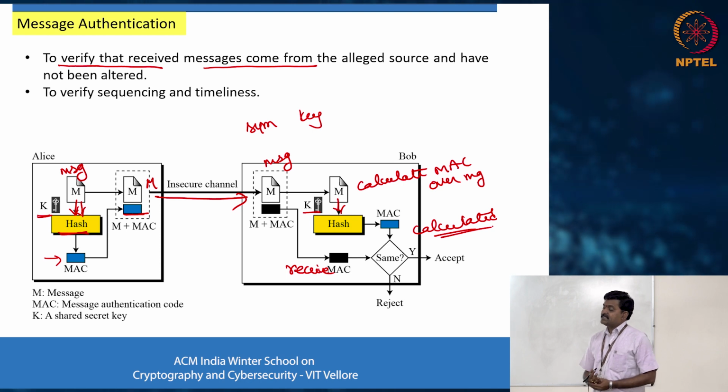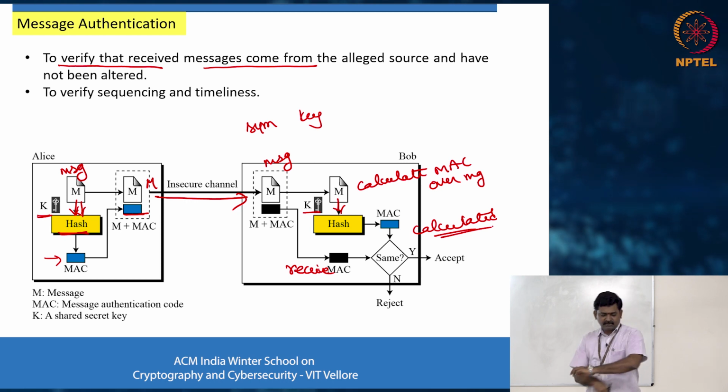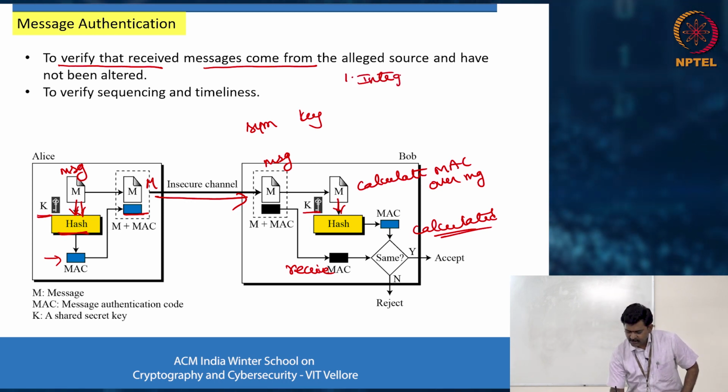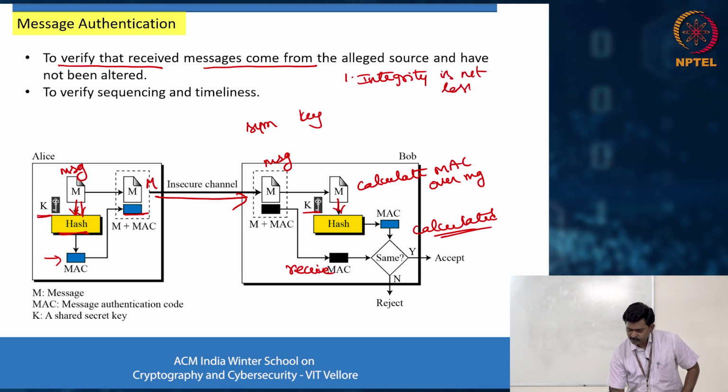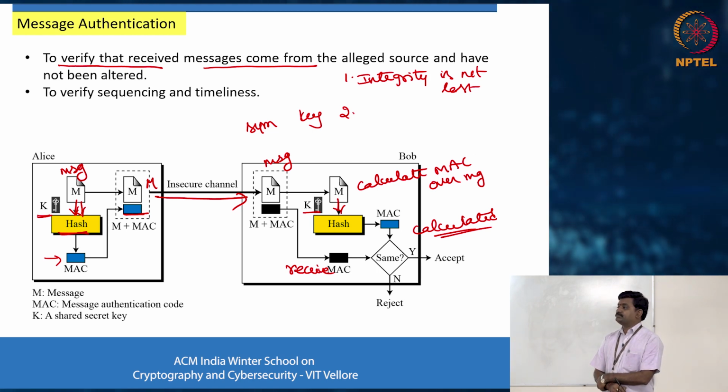Then once he checks that both are the same, what is the conclusion? Number one, integrity is not lost. Then what is the other conclusion?